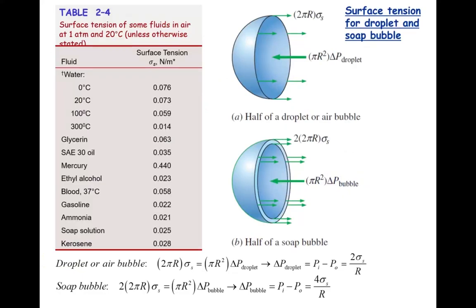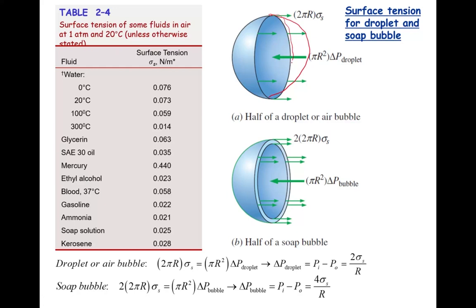Okay, now if we want to extend the way that we estimate surface tension to a bubble and to a droplet, we want to see what the difference is between a bubble and a droplet. Imagine you have a droplet here, and you cut it in half.